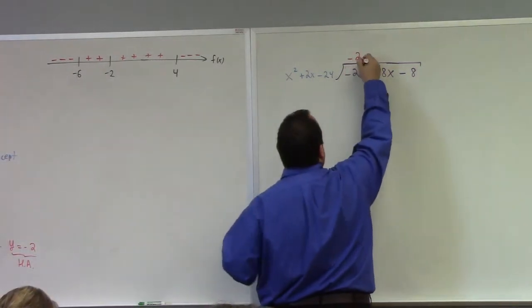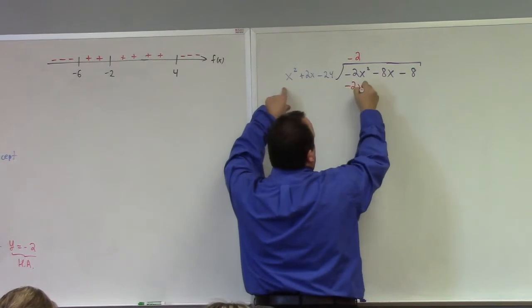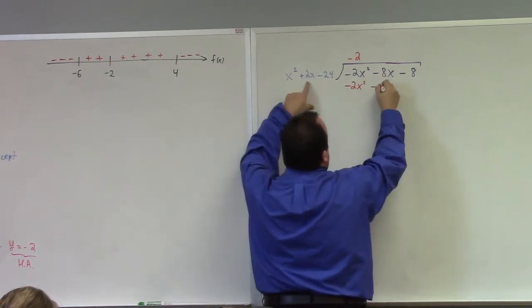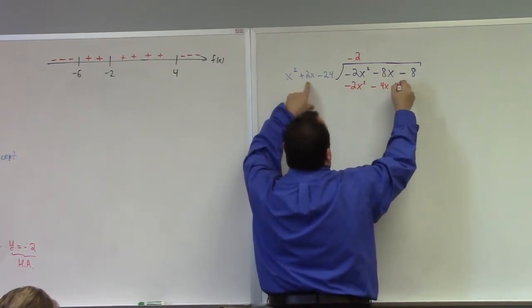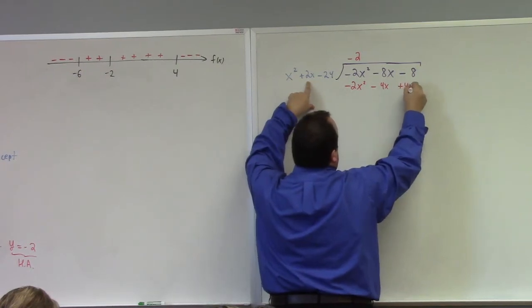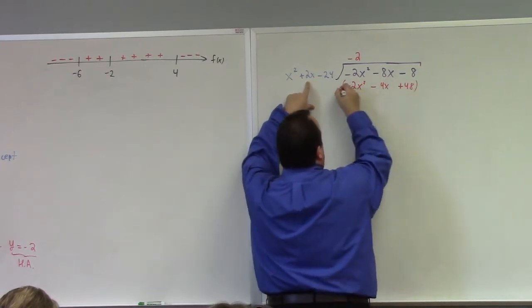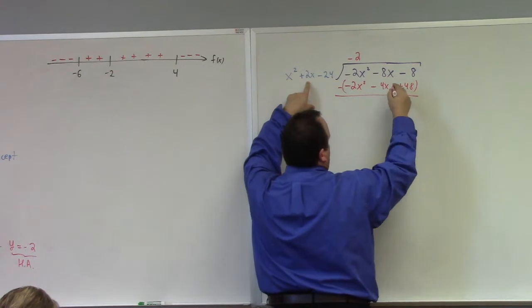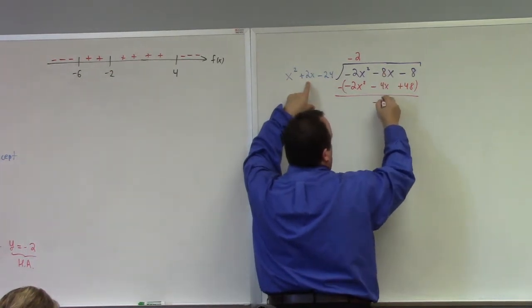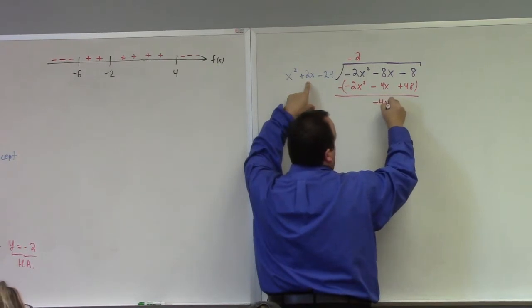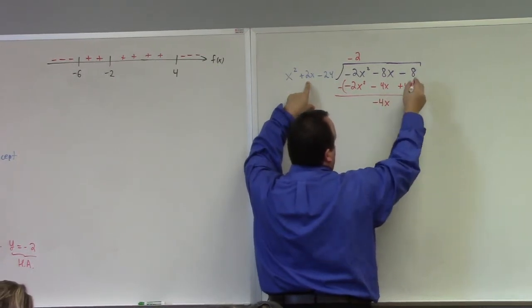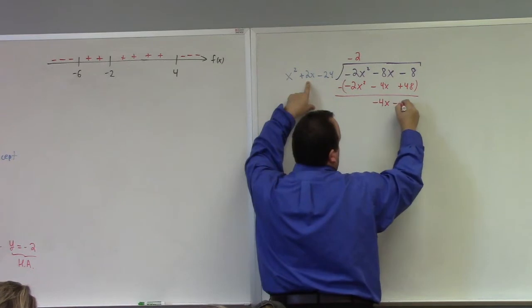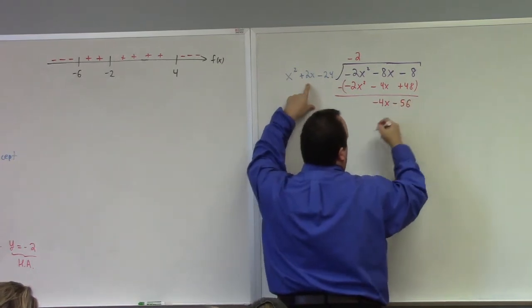Almost. I do minus 2 times this, it gives me minus 2x squared minus 4x plus 48. These details don't really do much for us in terms of the graph we're about to make, but I'll finish them just for the sake of the long division. So I get minus 8x plus 4x, which is minus 4x, minus 8 minus 48 is, I think, minus 56.